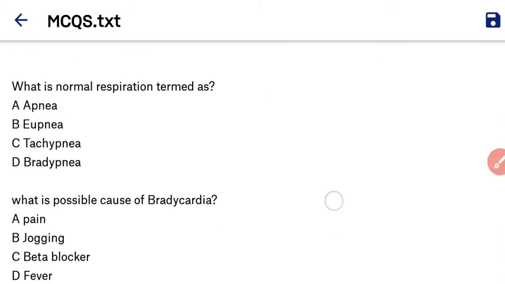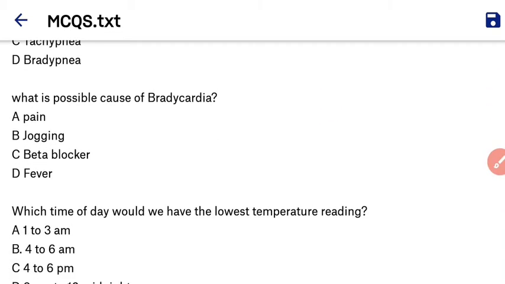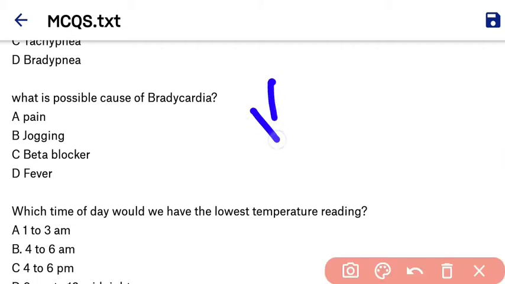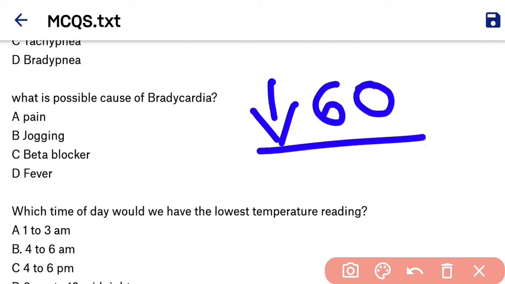Okay, next, what is the possible cause of bradycardia? So first of all, bradycardia means a decreased heart rate below 60 beats per minute. So this one is bradycardia. Okay, so here pain, no pain, it increases the heart rate. Then jogging and exercise also increase the heart rate.